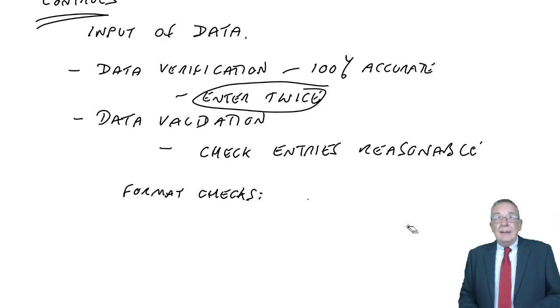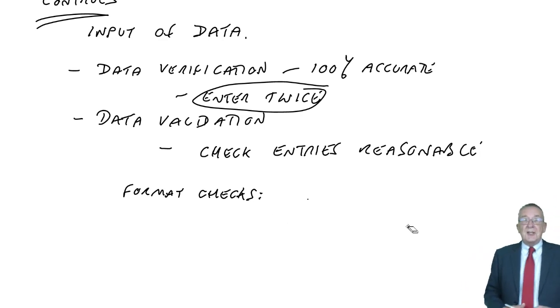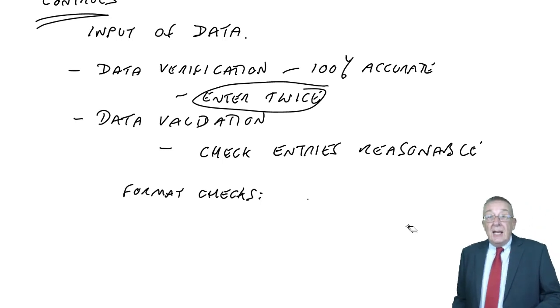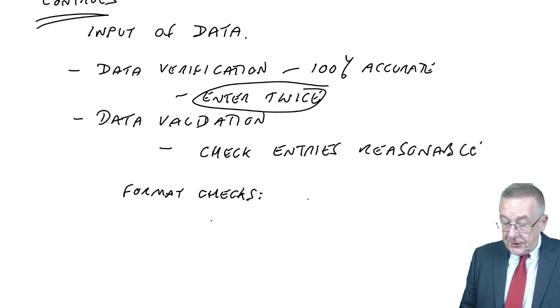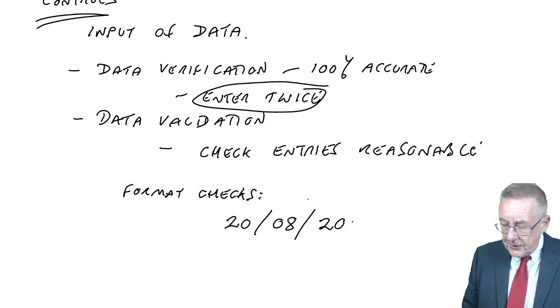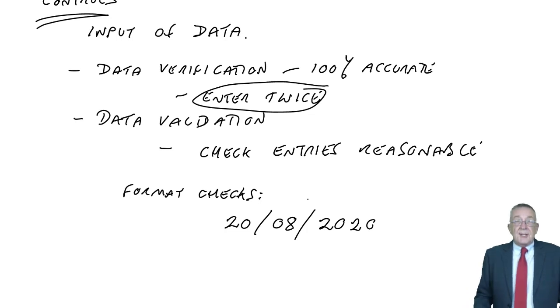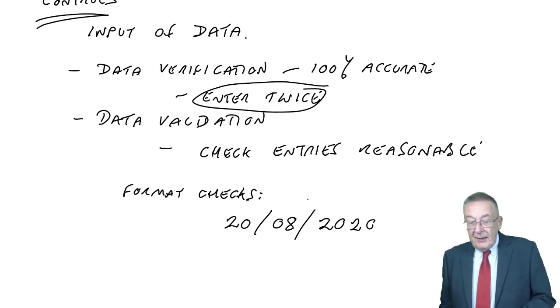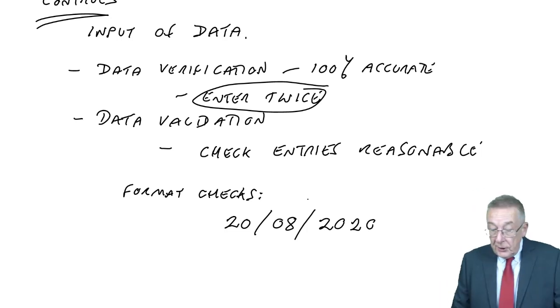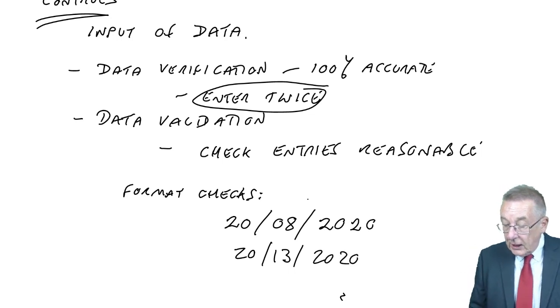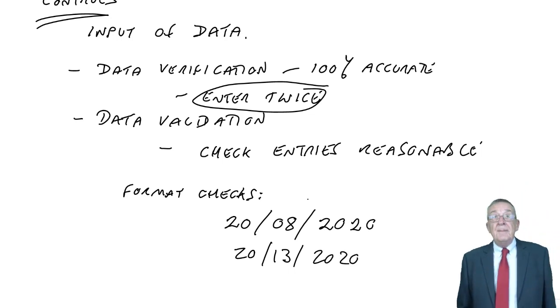Dates. I know different countries show dates in different ways, and that can be a problem as well. But in the UK, we tend to put dates in the form 20th August 2020. Well, if that's the standard form, then if somebody does enter it wrong, for instance, if they put 20 13 2020, well, clearly there is no month 13.